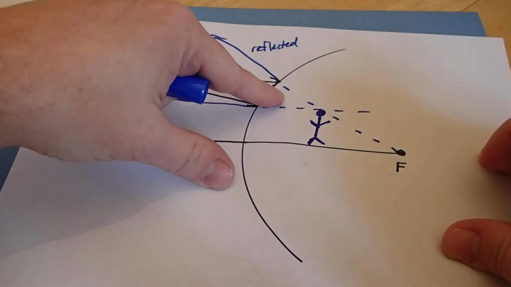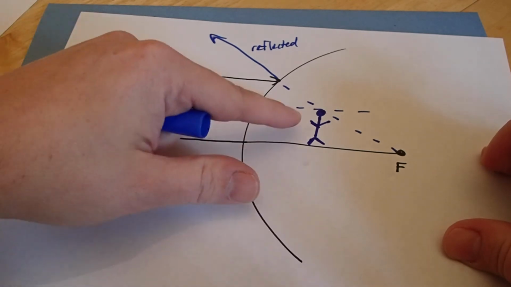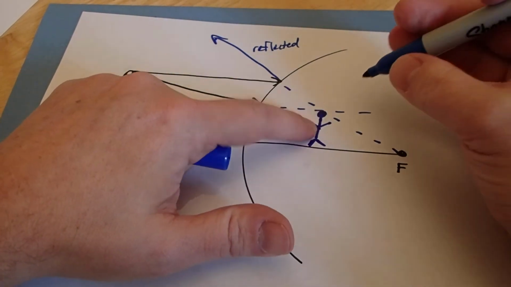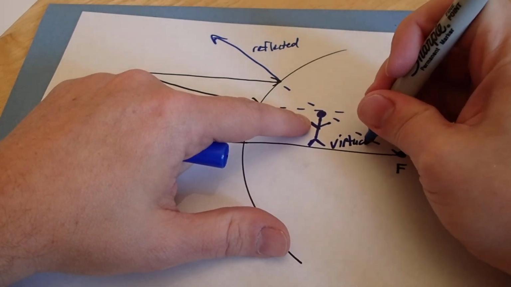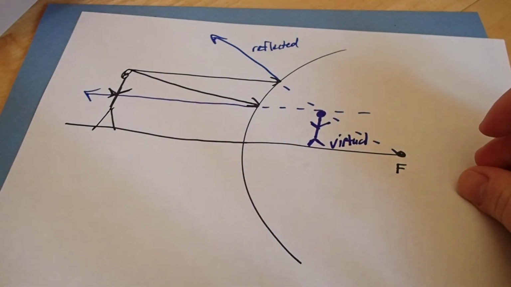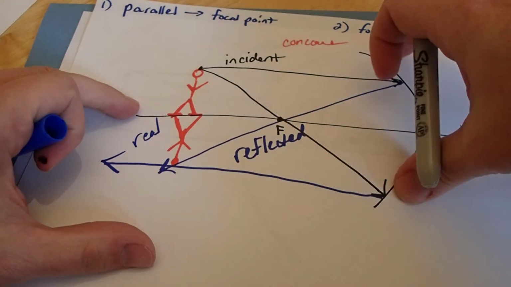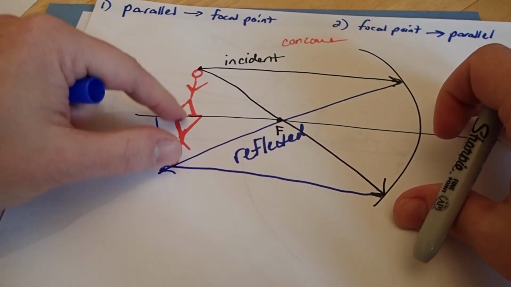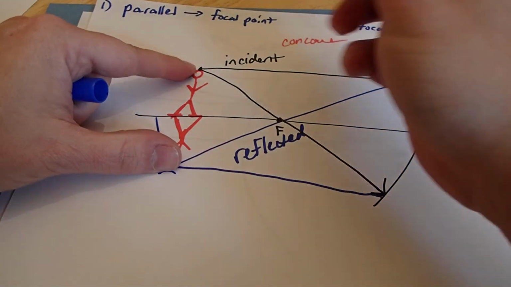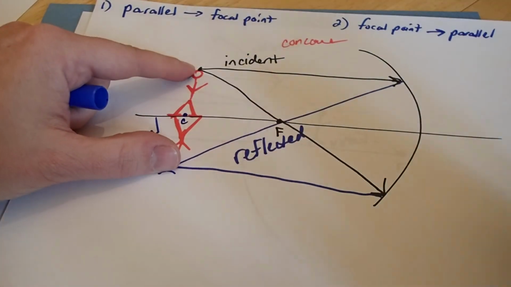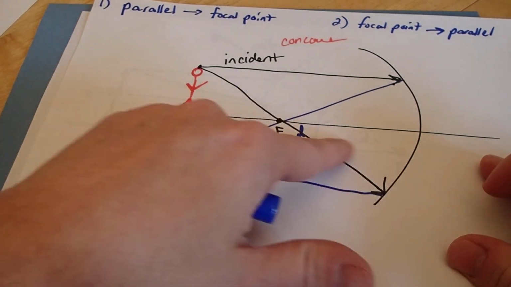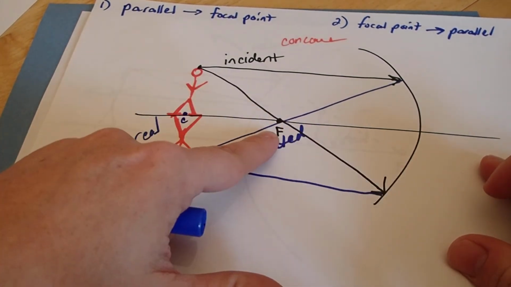When you look into a convex mirror, you see a smaller upright image, and this is not real, right? There's no real light back inside the mirror. That's called virtual. All right, when you look in a concave mirror, you get a real image that's inverted, and notice this is upside down, and it's practically the same spot because we actually ended up putting the guy on the center of curvature, which is 2 times the distance from the mirror to the focal point, right?